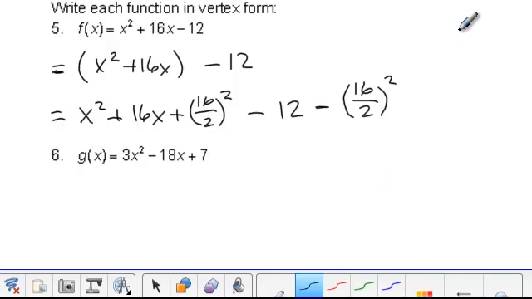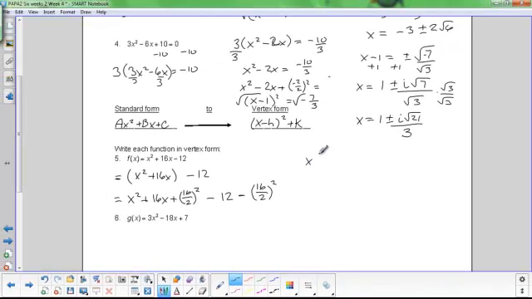So that's going to simplify down to the trinomial x plus 8 quantity squared. Minus 12 and minus 64 is going to give me negative 76. And now I can complete it by leaving my f of x there.